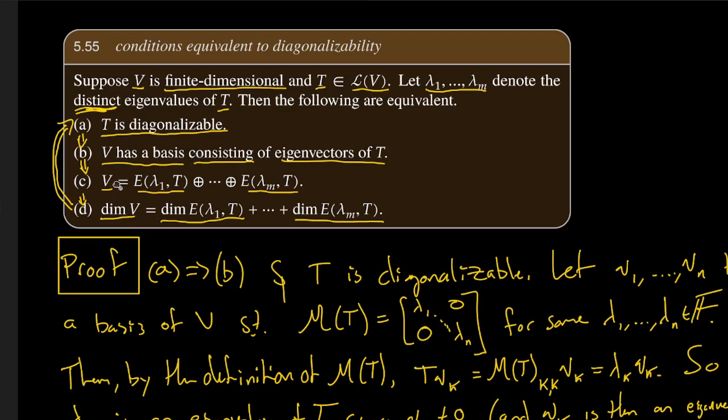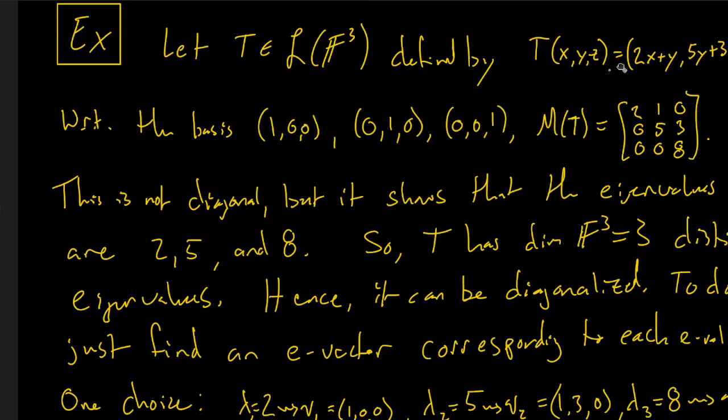The next one is that the vector space is the direct sum of the eigenspaces corresponding to the distinct eigenvalues of that operator. And then finally, the dimension of V is equal to the sum of the dimensions of the eigenspaces, which is a pretty immediate consequence of the previous part, since the dimension is additive over a direct sum. All right, sweet. We ended with a quick example.